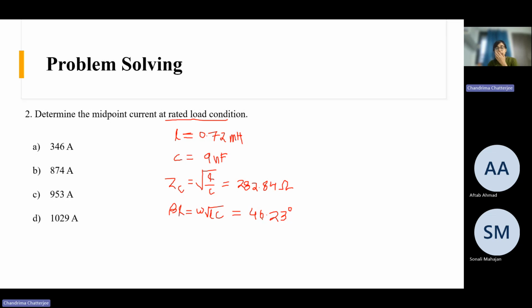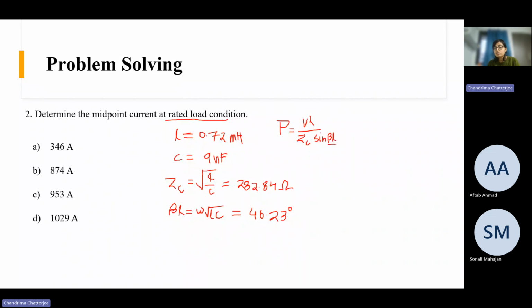Now we will have to find out the steady state power flow. The steady state power flow for a long transmission line is V square by ZC sine beta L by 2, times sine delta by 2. Why am I writing beta L by 2?